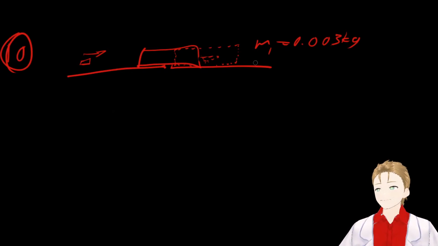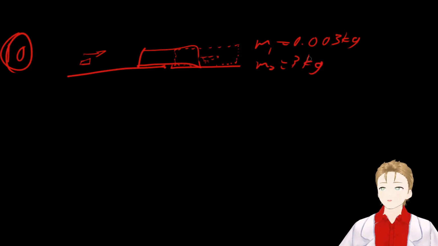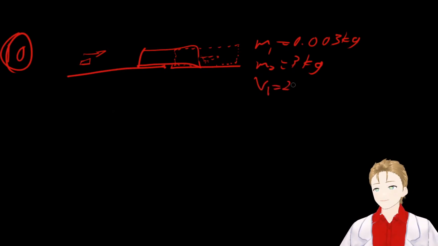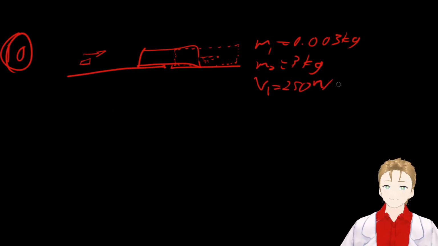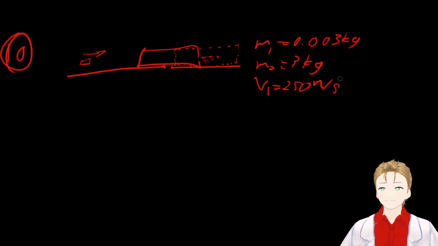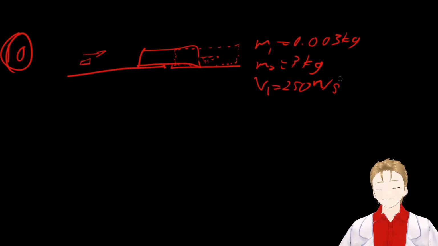And oh yeah, I forgot. Mass 2 is 3 kilograms. The velocity 1 equals 250 meters per second. The bullet sticks in, yeah, sticks in. Then the block slides.